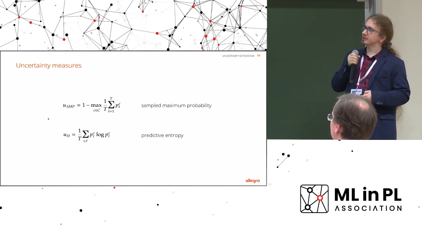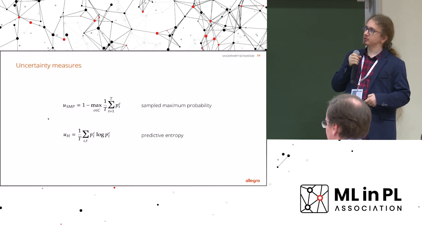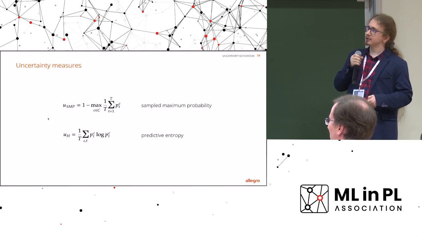This is just taking the maximum probability over classes for each variational dropout call, and then subtracting this from 1. The other measure is predictive entropy, where we calculate entropy for all classes and then again average it over our variational dropout calls.